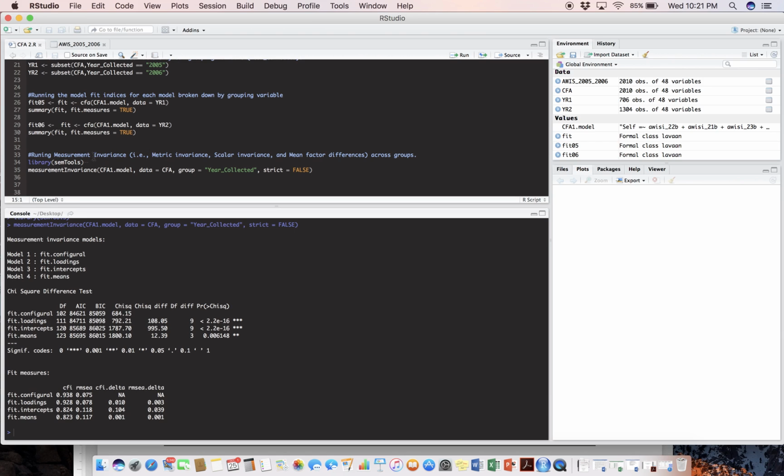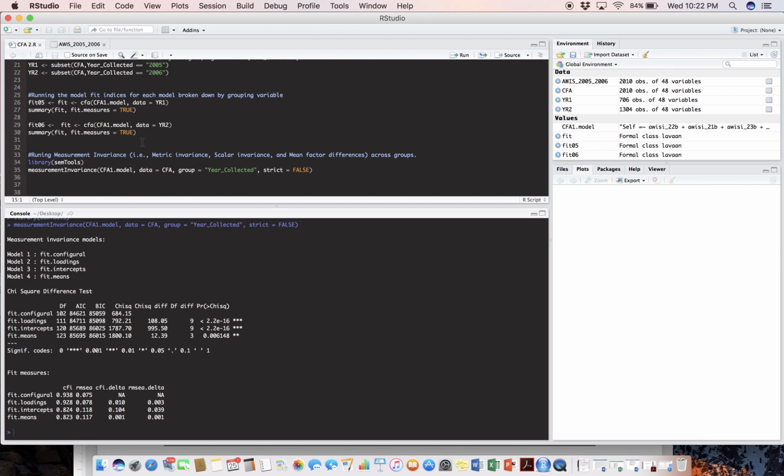And then lines 33, 34, we're now looking at our measurement invariance indices, right? So we want to know information like, do the factor loadings vary across time, and are the items that are measured in the questionnaire being measured the same across time?